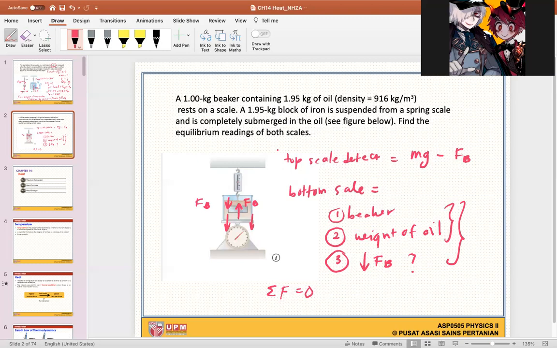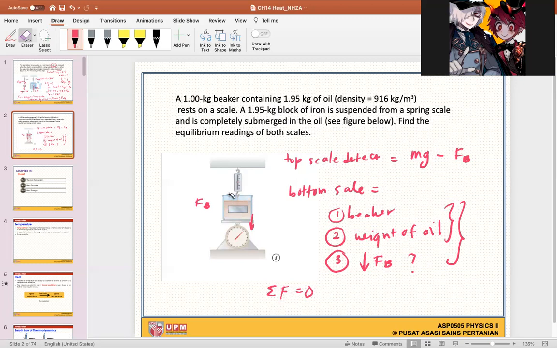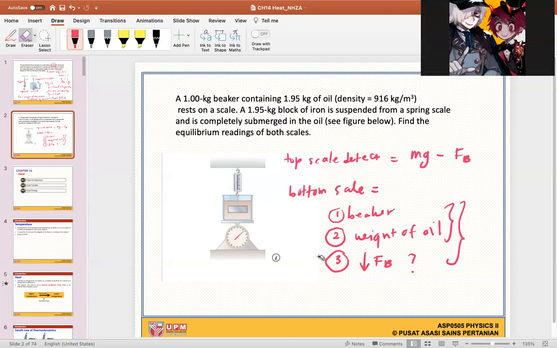Doktor, kalau yang FB ke bawah tu, kalau saya buat MG tolak FB tak boleh? Yang ni, bottom scale. Awak dapat jawapan salah juga. Saya bayangkan macam kalau MG ni ke bawah, lepas tu ada FB ke atas.